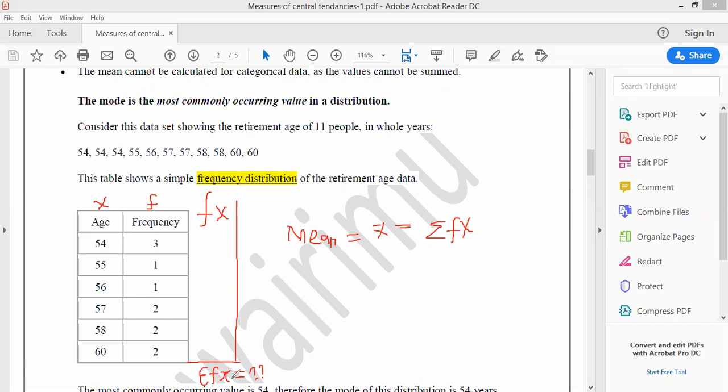And now you divide by the total of the frequency column F. In our case, there were 11 employees, so you divide by that summation F. The figure that you get is called the mean of your distribution.